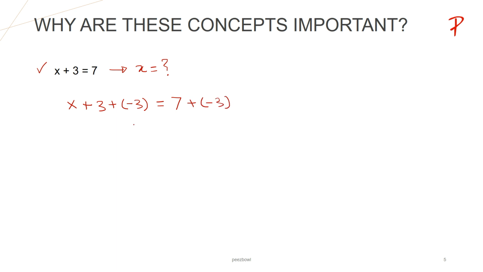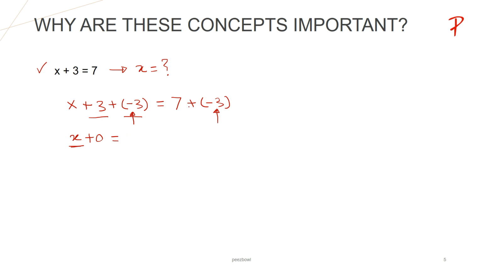After the equal to sign also I have added the additive inverse of 3. So x will remain as it is, plus 3 minus 3 is going to be 0. x plus 0 is equal to, because you learned that minus 3 is the additive inverse of 3, right?